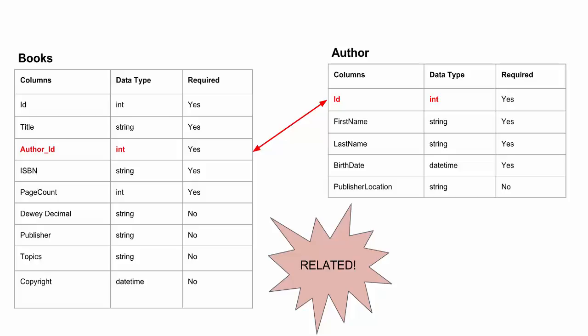And then I can write a select statement with a join, and join on author ID and ID from the authors table, and now I have related those two together so that I can have the book and its author presented to me through that select query.